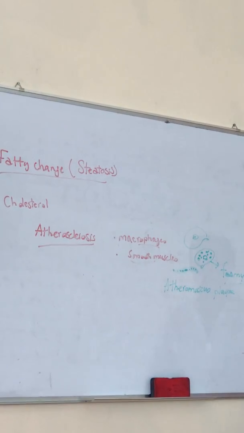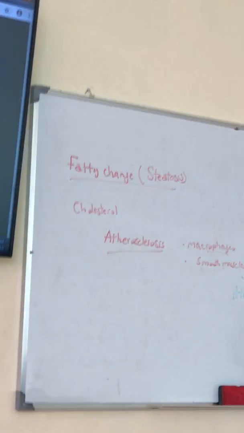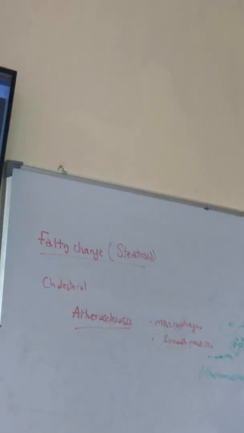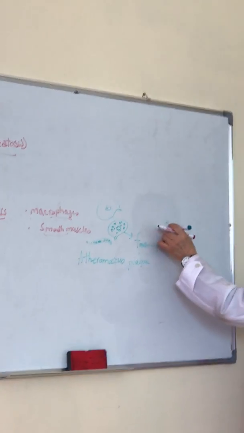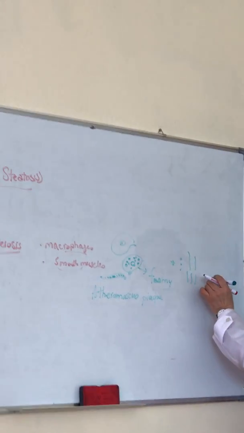Atheromatous plaque. Here, cholesterol and cholesterol ester are accumulated inside cells, but sometimes this accumulated cholesterol causes rupture of the cell, and the cholesterol comes out and crystallizes, making needle-like structures.